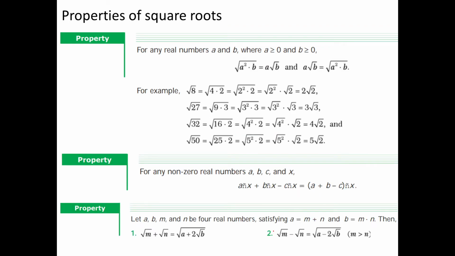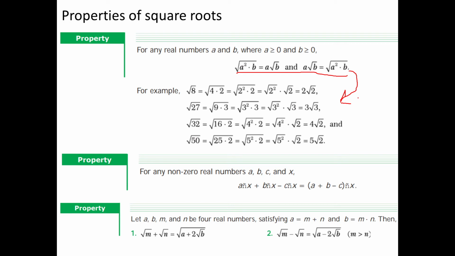And then the third property. For real numbers a and b where a and b are greater than or equal to 0, we can write like this, and we can use this property when we solve our problems.